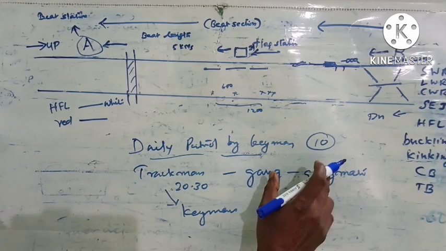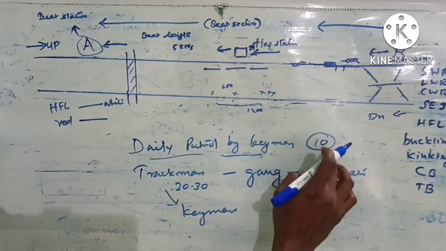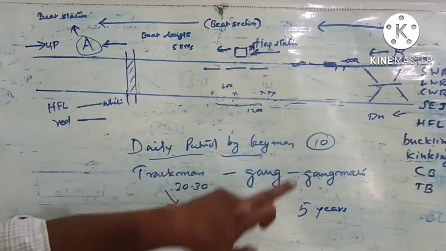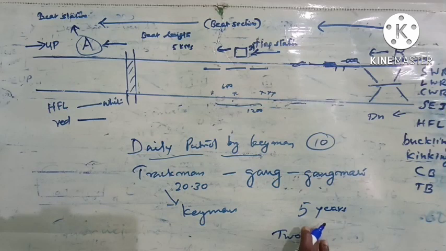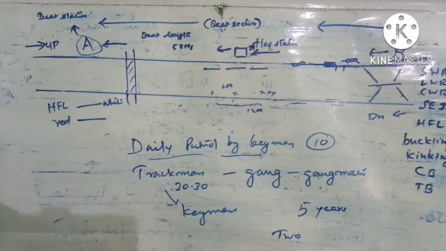I told you that a tin of detonators will be with the keyman, and it will contain 10 detonators. From the date of manufacture, the detonators have a life of 5 years. After 5 years, 2 detonators from that batch will be tested for efficacy. If they explode, then it is okay. The life will be extended for 1 year.